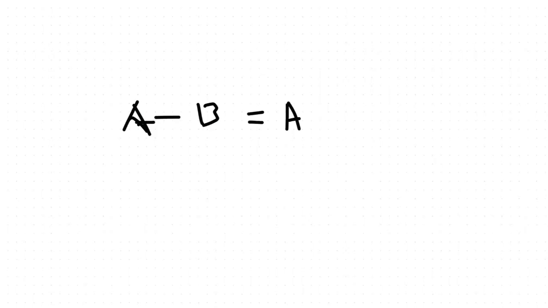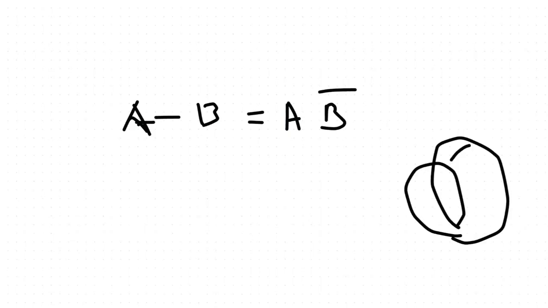In A but not in B, it is actually this portion. Okay, it's called A minus B, in set A but not in set B.